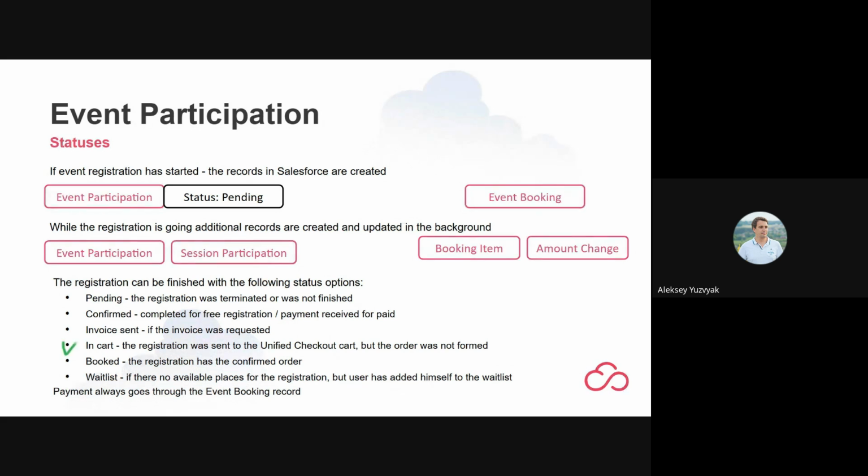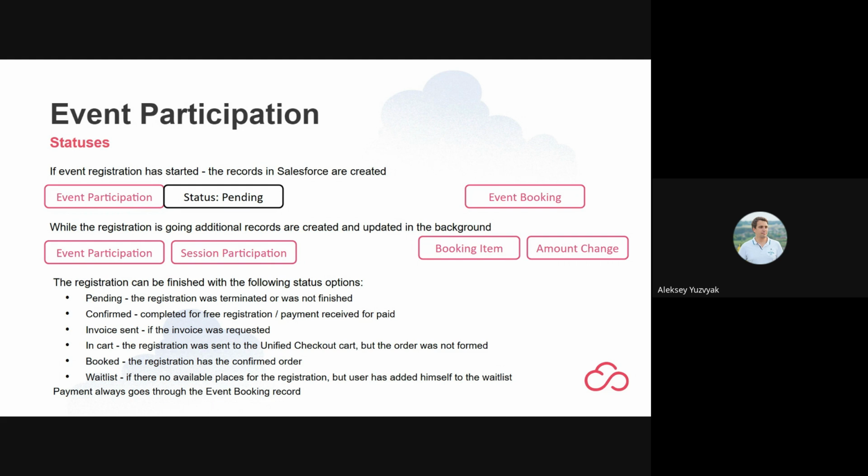In cart status is set when the user started registration and finished it with the unified checkout integration and put this registration to the cart. This cart status will be visible on the event participant level. Carts are not deleted from the event enterprise side, but they can be deleted from the unified checkout side.